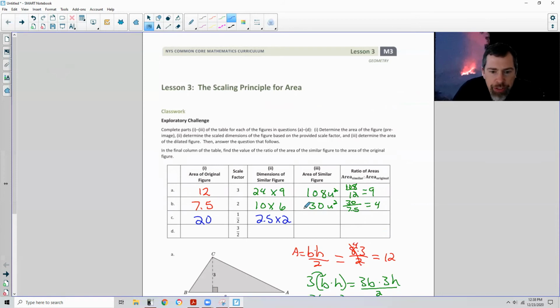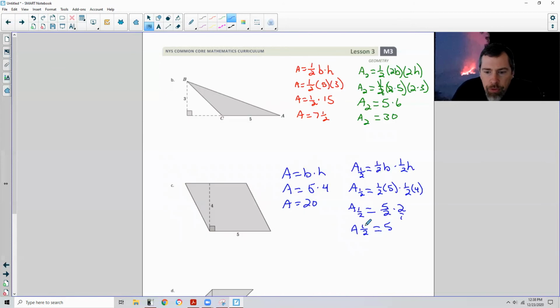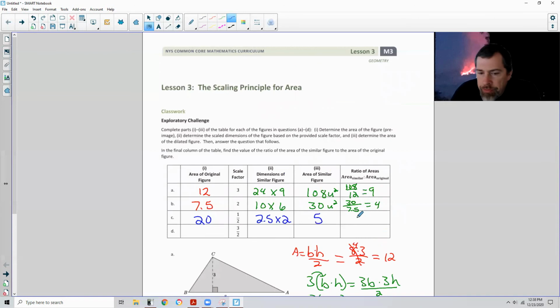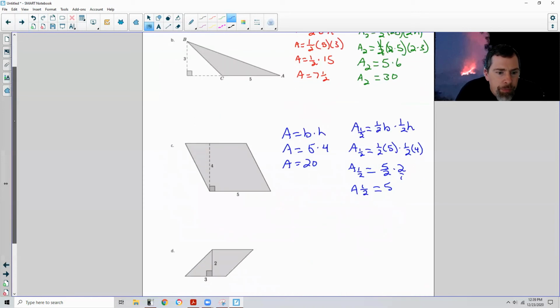And the area of the similar figure is 5 halves times 2, which is 5 units squared. So the scale factor ratio was 20, and now it's 5. And so therefore, oh, I did it upside down. It says area of similar, 5, to the area of the original, which equals 1/4. Okay, and then finally D, D is down here.